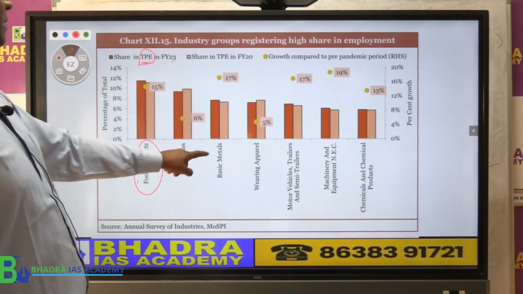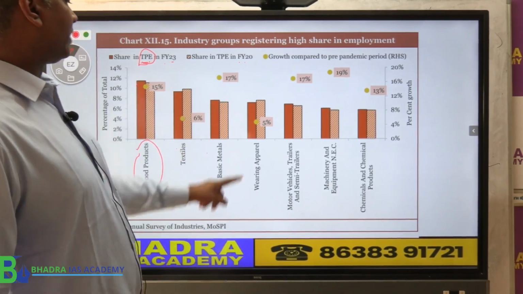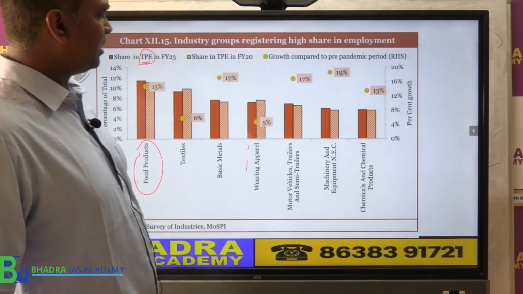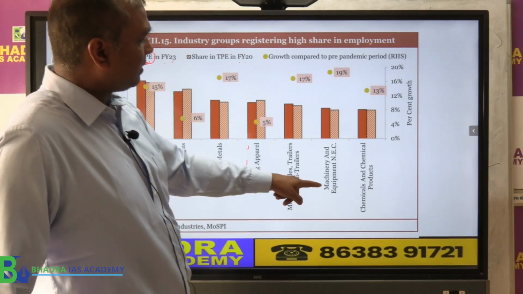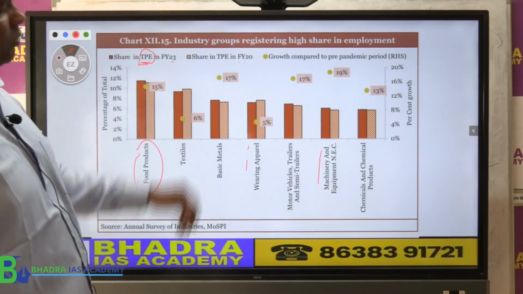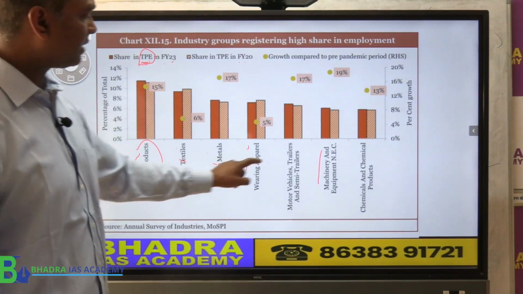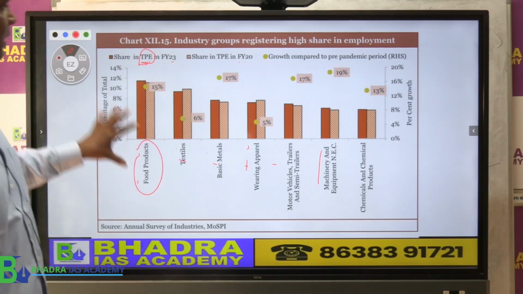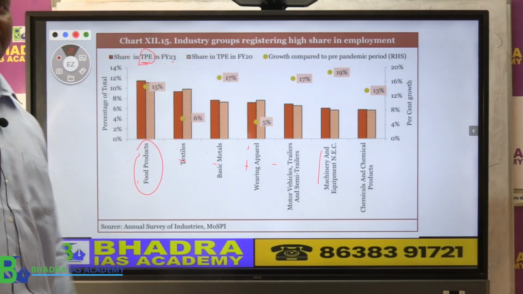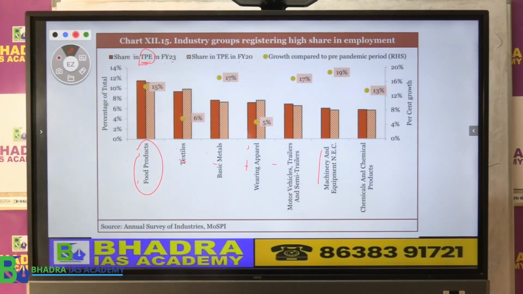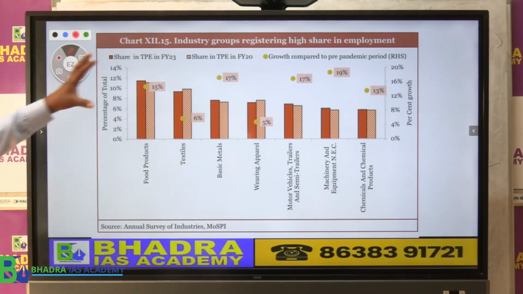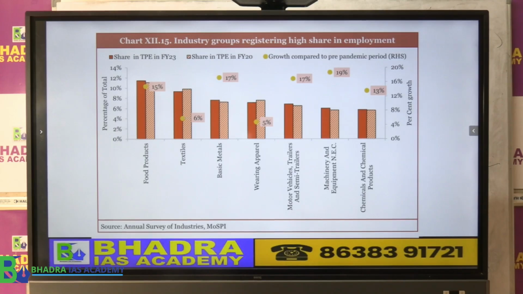Basic metal, an increase is there. Wearing apparel, a little reduction. Motor vehicle, an increase is there. Machinery, there's also an improvement. So these are the major industries where employment is generated for the workers. That is one analysis given in the economic survey.